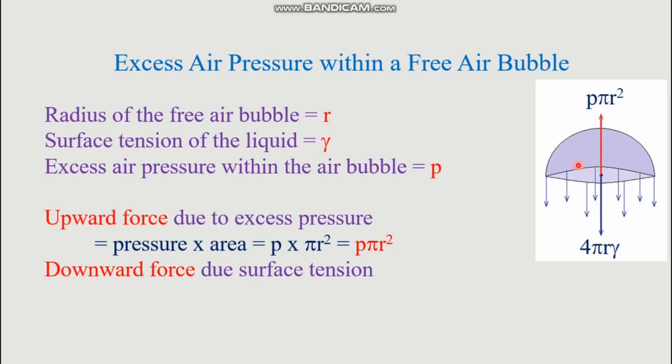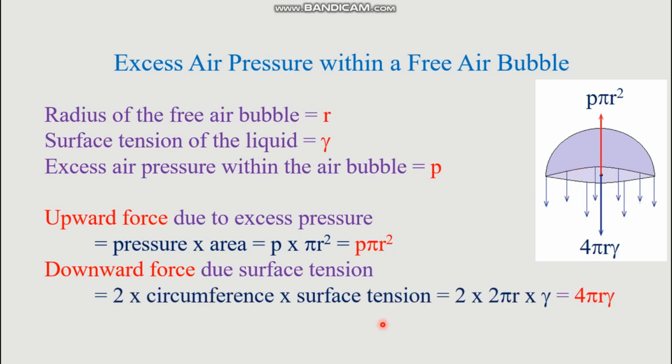So what is the length? Length is the circumference of this hemisphere. So the downward force due to surface tension is the circumference, 2 pi r, into the surface tension gamma. Now here is another factor 2. 2 is multiplied here with this force, because there are two surfaces.